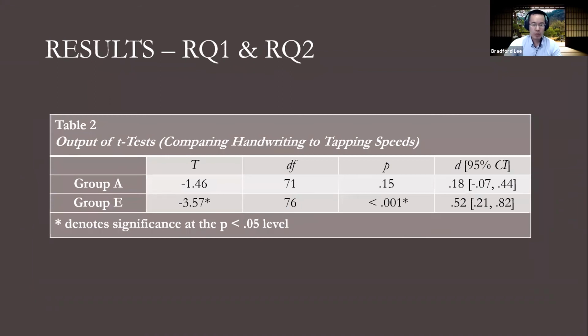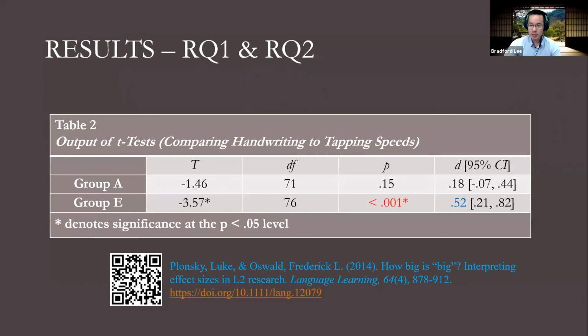In order to determine whether these were significant results or not, these are the results of the t-test. As you can see, the difference for the Arabic group was not statistically significant, but the Group E difference was, with an effect size, Cohen's d, of 0.52, which we classify as a medium effect size based on Plonsky and Oswald's 2014 standards for second language studies.